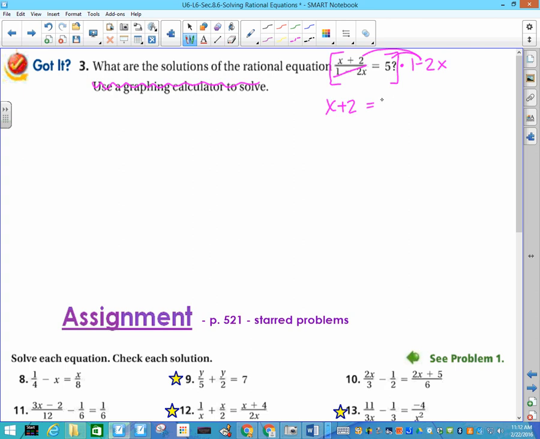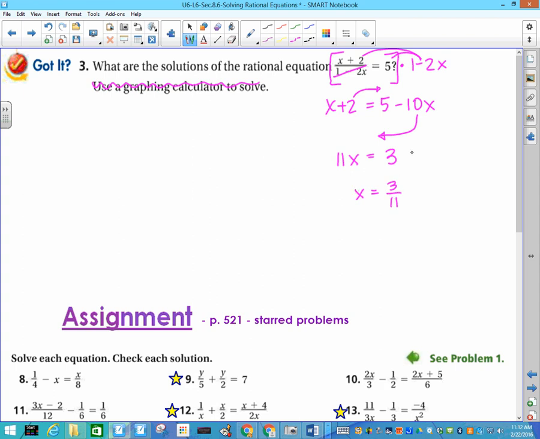And then 5 times 1 minus 2x is going to be 5 minus 10x. So I like a positive x, so I'm going to take the 10x over there and the 2 over here. So if I add 10x, x plus 10x is 11x. And I subtract 2, 5 minus 2 is 3. And then I divide both sides by 11.